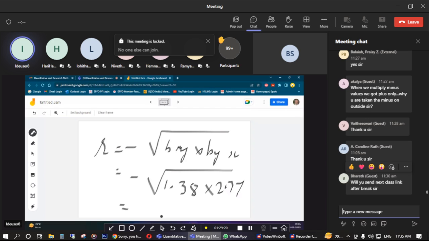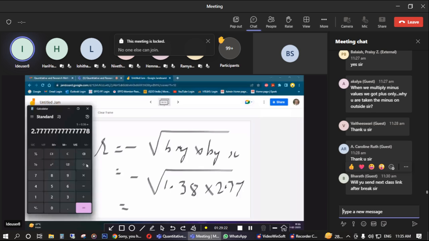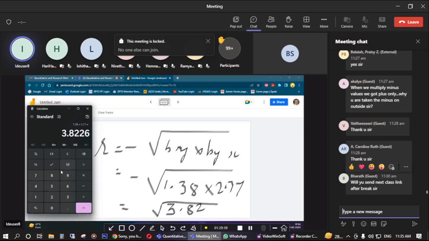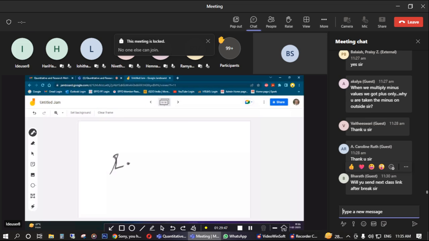So I will do the calculation here. 1.38 multiplied by 2.77 is how much? 3.82 under the root. So if you take the square root, how much are you getting? You are getting r as minus 1.95.